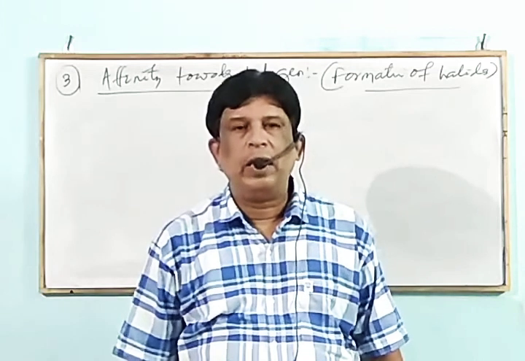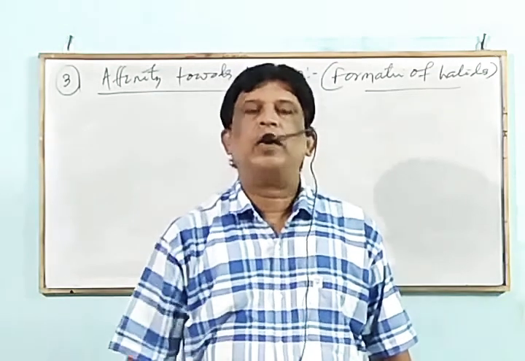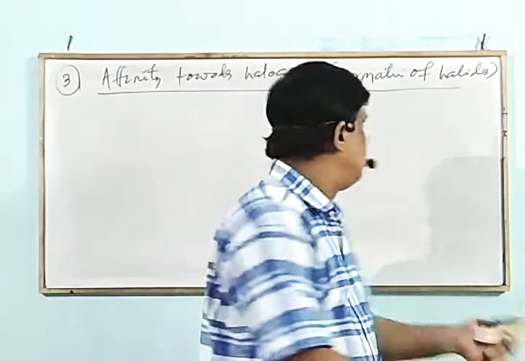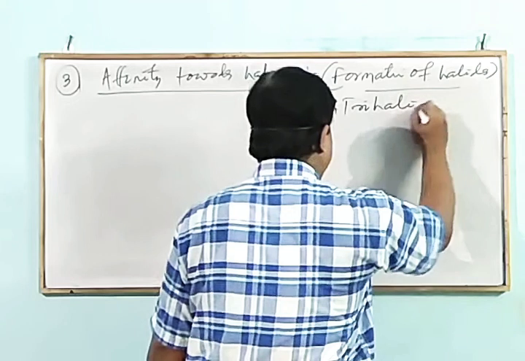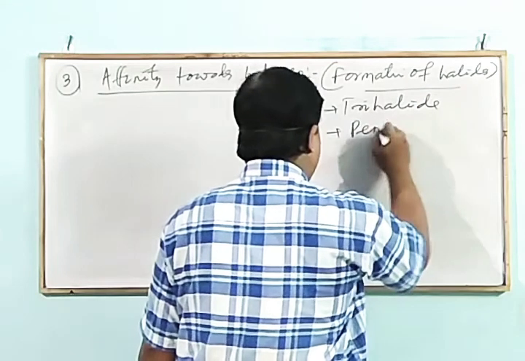Members of this family form two types of halide. That is, one is trihalide, one is pentahalide.